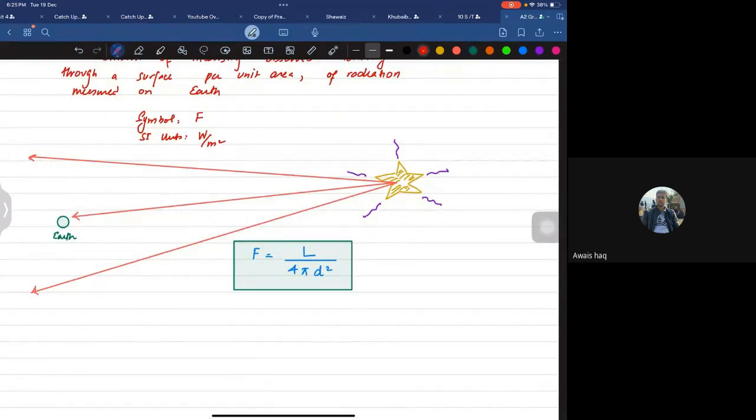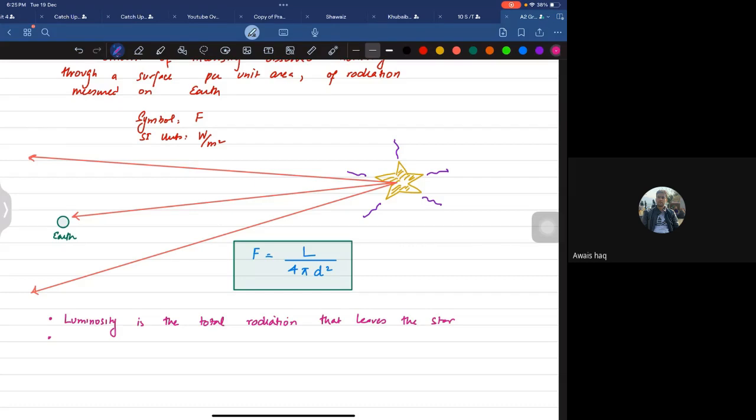Now remember, right here, let me write it down. Luminosity is the total radiation that leaves the star.